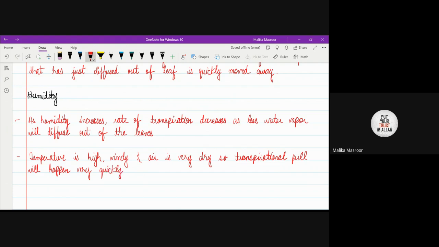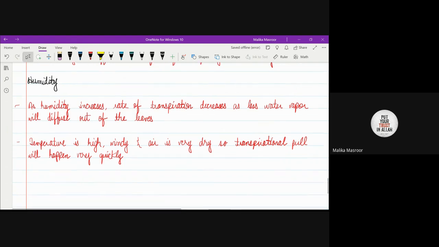See, temperature high, transpiration high. It's windy, it will move all of the water quickly, transpiration high. Air is dry, so the water vapor will move very quickly because it's not humid. It will not stay there. Water will diffuse very fast. So a plant will lose water from its leaves faster than it can take it up from its roots. Loss is greater than gain.